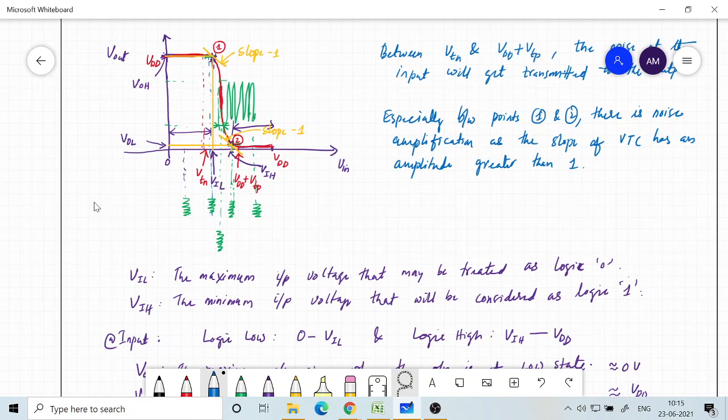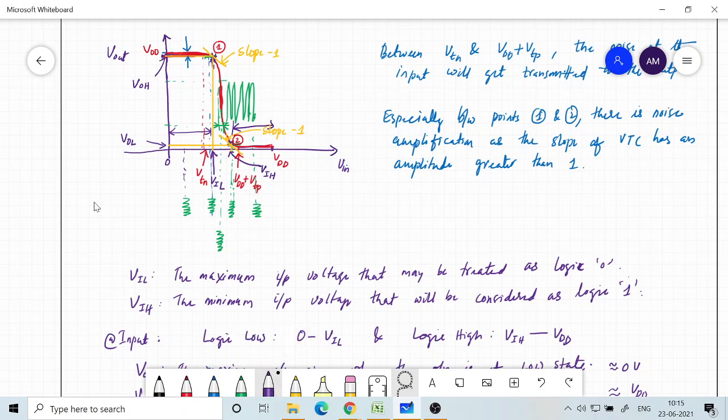here there is VDD. So let me show it like this. VDD is the top point, whereas this orange line is our VOH, as it is shown here.